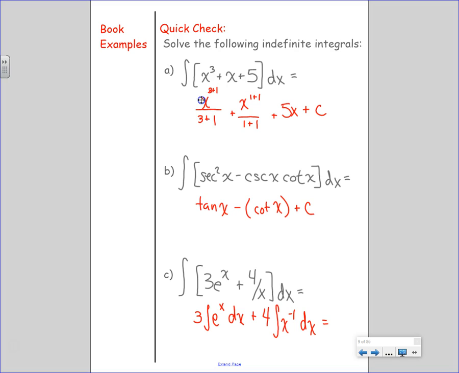Then we have this negative cosecant. Which one do we associate when we see cosecant and cotangent next to each other? Cosecant. And remember when we're integrating, it's negative. So the negative cosecant becomes positive cosecant.